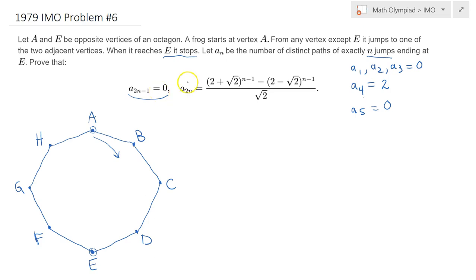The real part of this question is really the second part, which is to prove this closed form. The best way to solve this problem is arguably to set up a recursion, but for the recursion I will do the following trick.